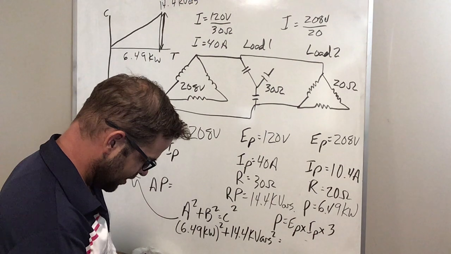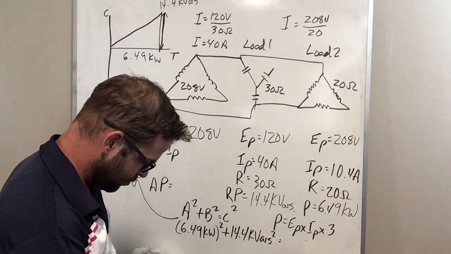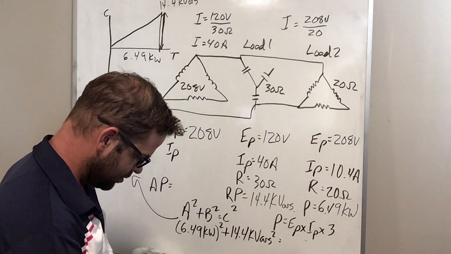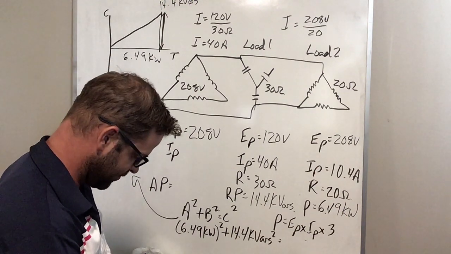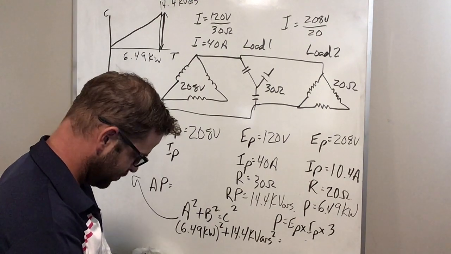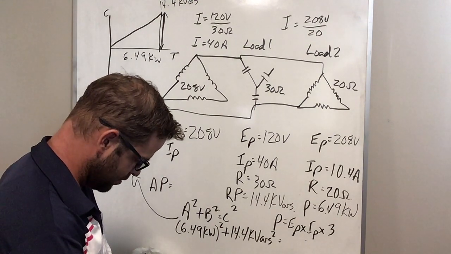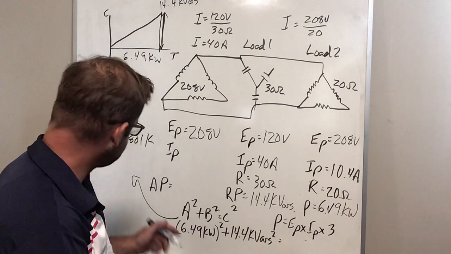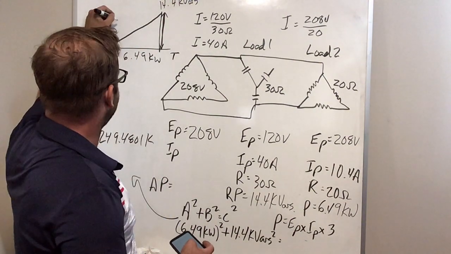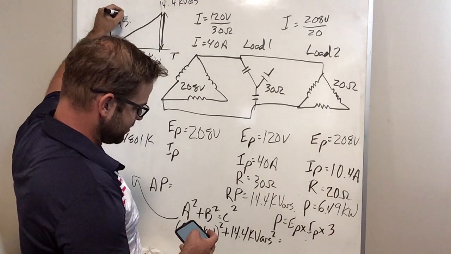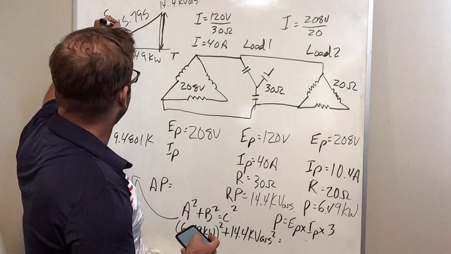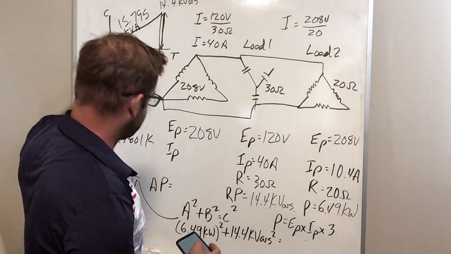And then if I find the square root of, I'm trying to do this on my phone unfortunately, 249.4801 gives us a value of 15.795 kVA.